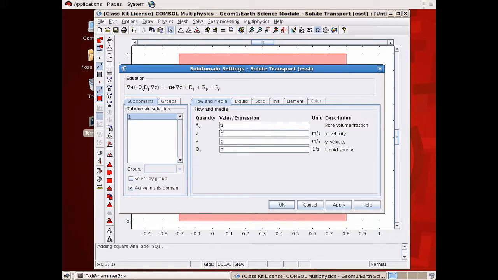Okay, well, let's go with it anyway. The values we need are velocities in the x direction and in the y direction. I presume x is this direction and y is this direction. If we're doing something one-dimensional, then the velocity in y is 0 and the velocity in x is something. Okay? Apply.